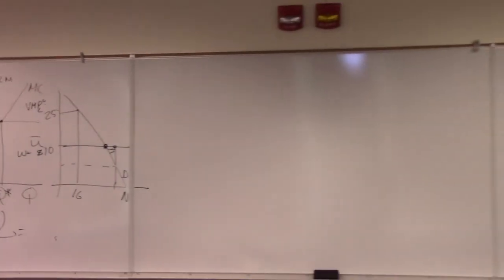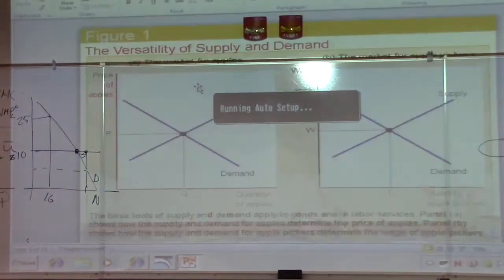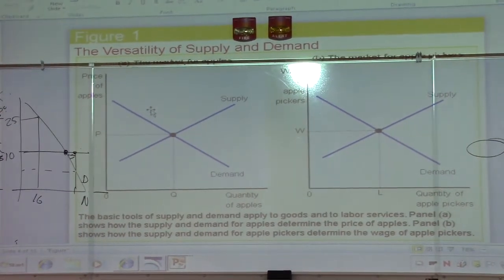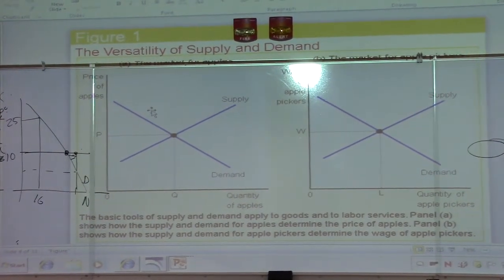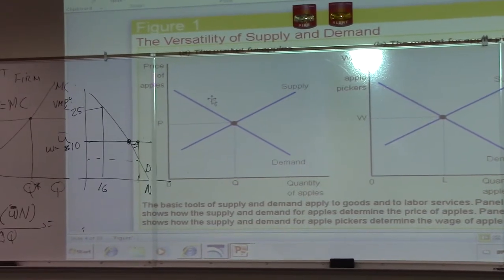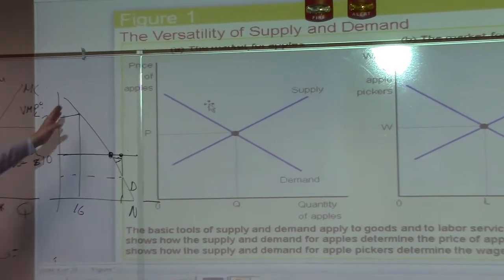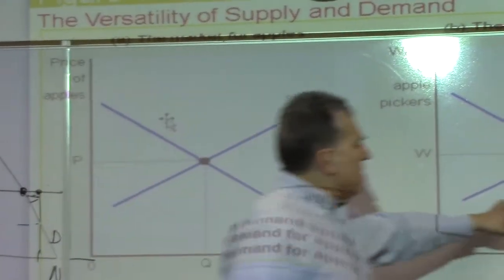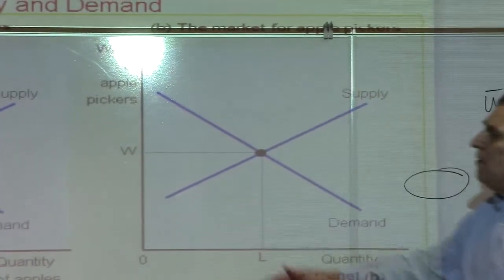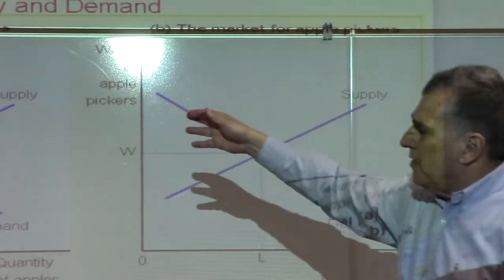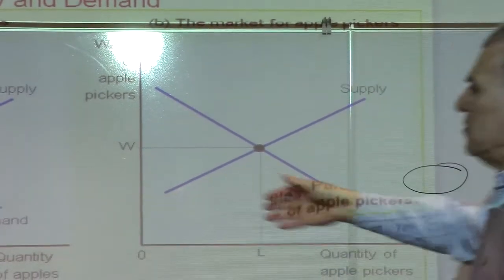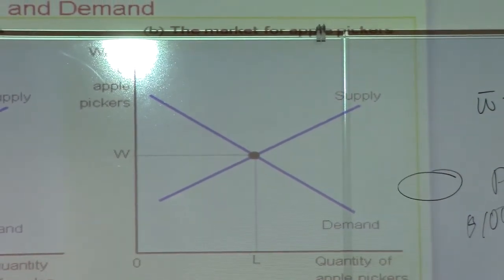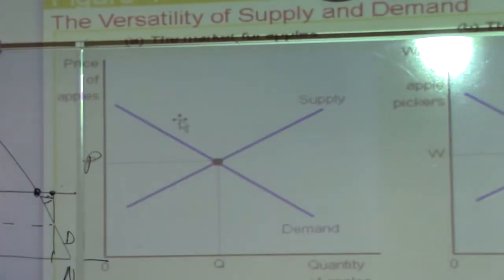Now, let's do one more example from the text. Okay? And let's start the analysis with these 2 broad diagrams, this is the labor market on this side. In this case, this is an apple example. So you have the product market as the farmer's market that determines the supply and demand for apples, determines the price at which apples are sold in the market.